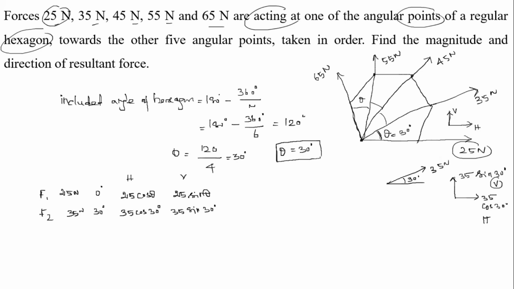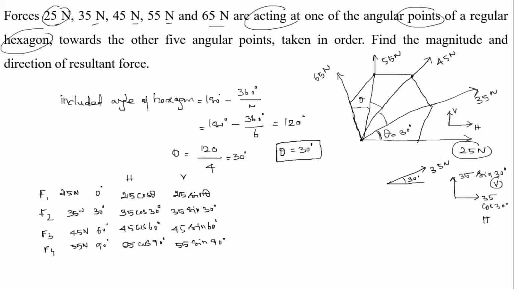Similarly, we have to calculate F3 which is equal to 45 Newton and acting at 60 degree, right. So, 45 cos 60 degree and 45 sin 60 degree. Similarly, F4 which is equal to 55 Newton and acting at 90 degree, clear. So, horizontal component 55 cos 90 degree and 55 sin 90 degree, right.